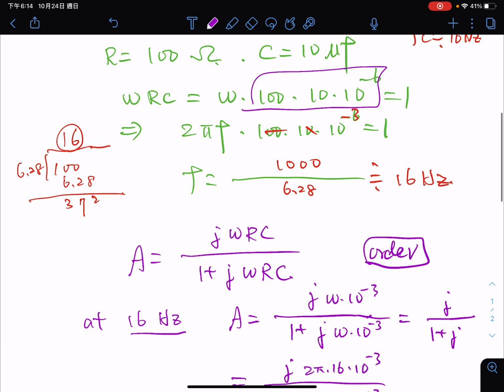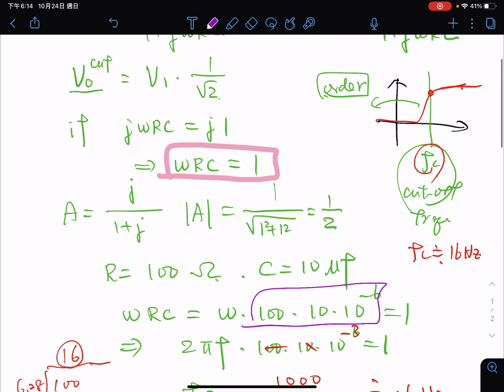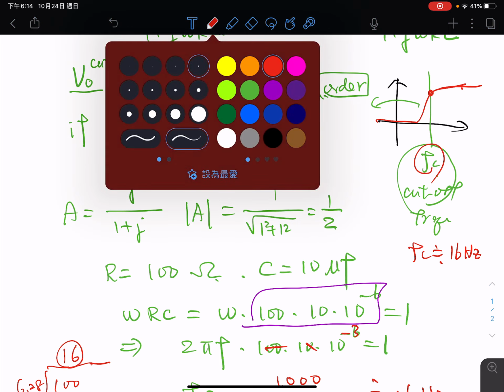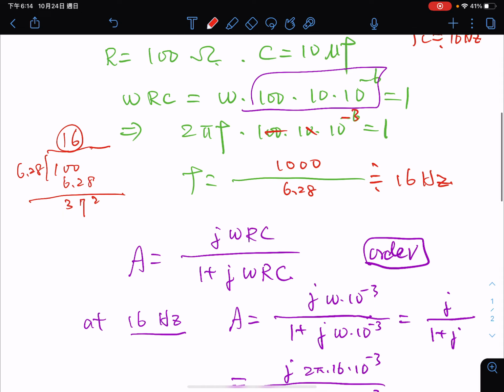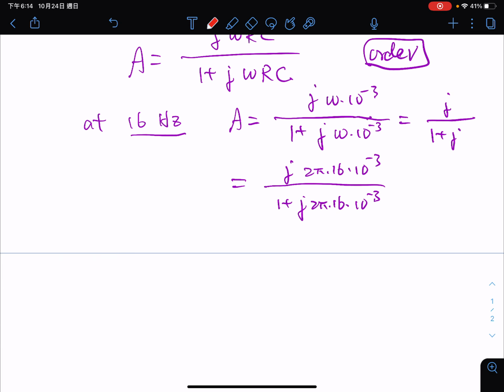Because this is a high pass filter, we want to know how much the gain will change when it goes down to 1.6 hertz. A high pass filter goes to the lower side.